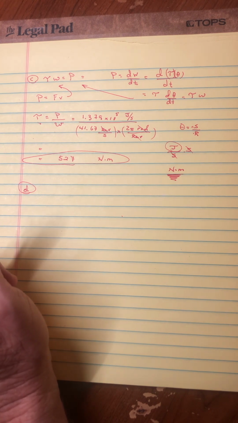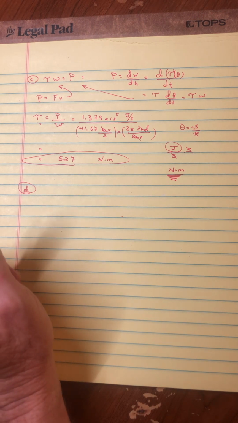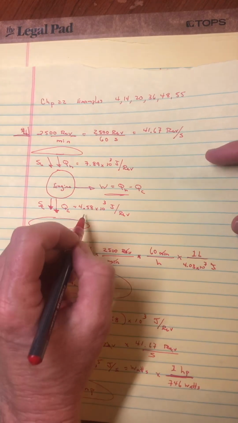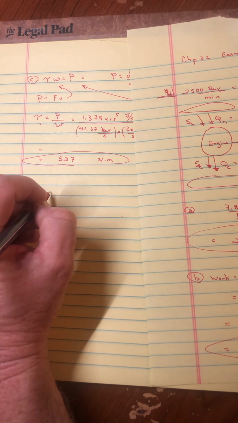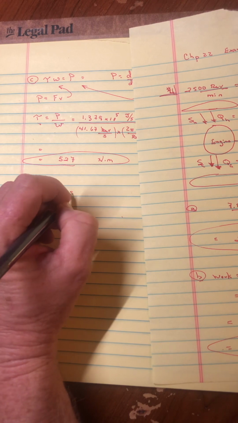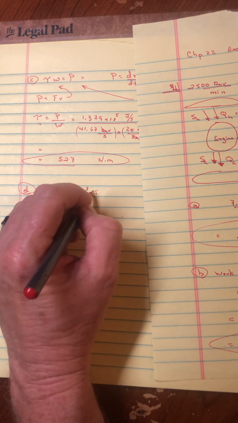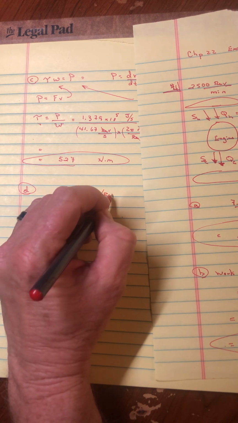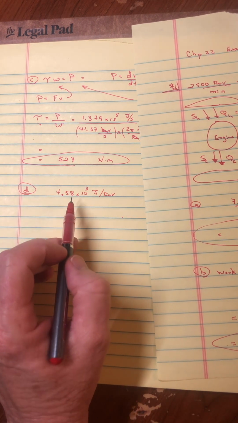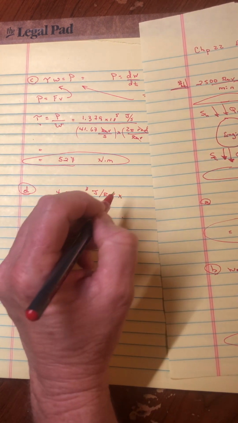D here, it says, what power must the exhaust and cooling system transfer out of the engine? Well, we kind of touched on that back here when we said this is coming out at a rate, that is, the heat energy is coming out at a rate of 4.58 times 10 to the 3 joules per revolution.